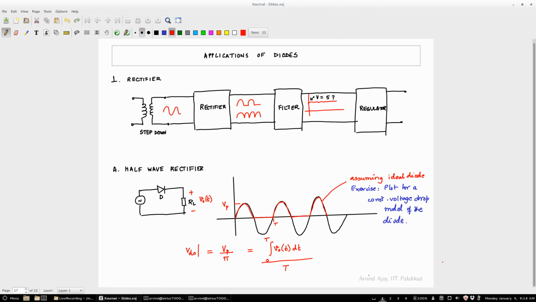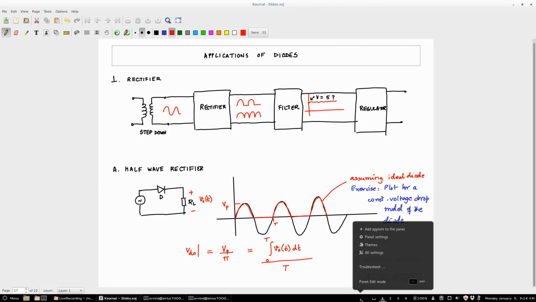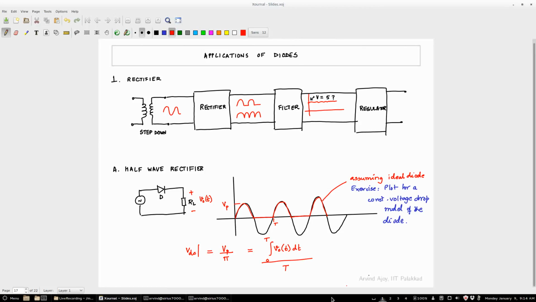It is the integral from 0 to T of V out dt divided by T, where V out is this voltage. You can calculate this, and it will come out to VP by pi.